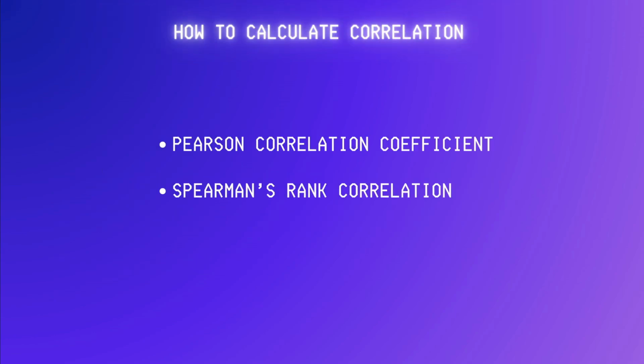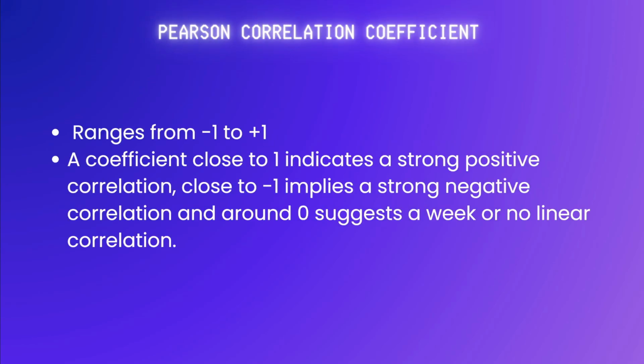Now let's see how to calculate the correlation. Correlation can be calculated using two techniques. The first one is the Pearson correlation coefficient and the other is the Spearman's rank correlation. Let's see how to check the correlation in each method. The Pearson correlation coefficient is the most common method, and in this the correlation coefficient value will range from -1 to +1.